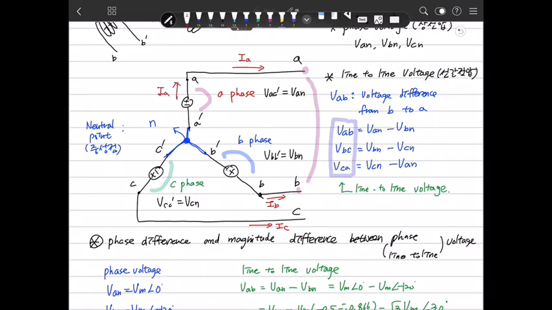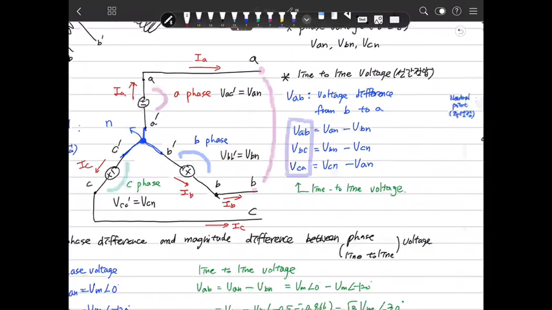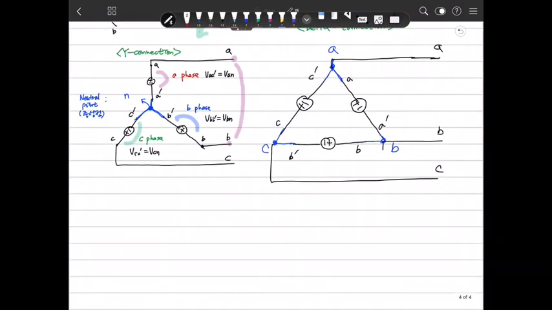This is IA, this is IB, and this is IC. But in the delta connection, it is a little bit different, because this is IA, the line current, this is IB, the line current, and this is IC, the line current.